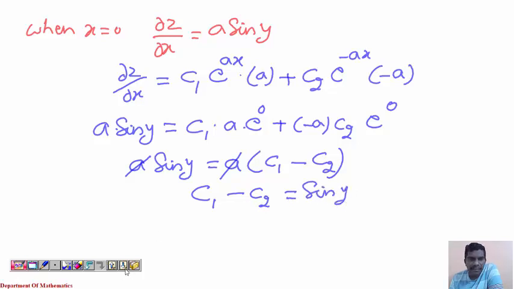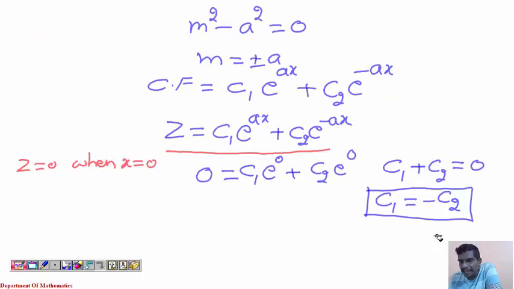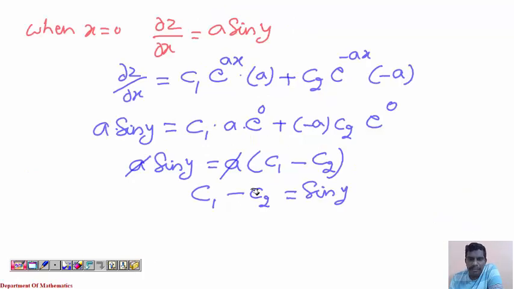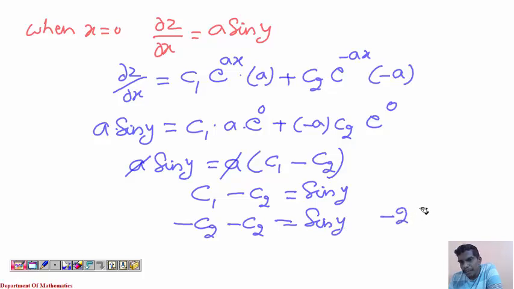But earlier we have determined one condition: C1 is equal to minus C2. We'll substitute this value. This is minus C2, which is equal to sin y, or I can write minus 2 into C2 is equal to sin y. The value of C2 will be equal to minus 1 by 2 into sin y.